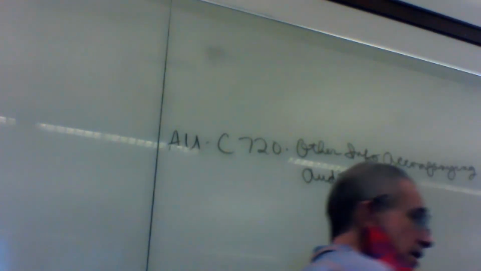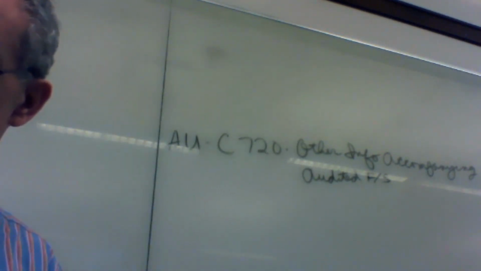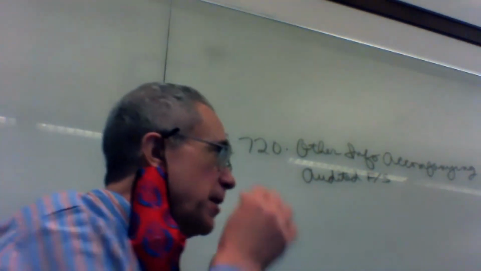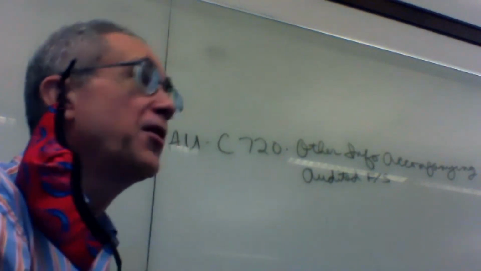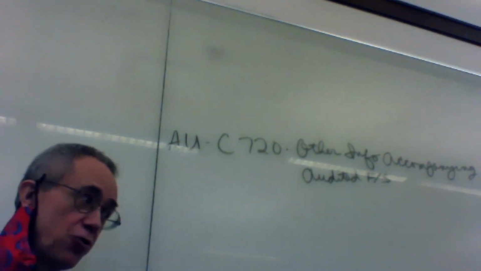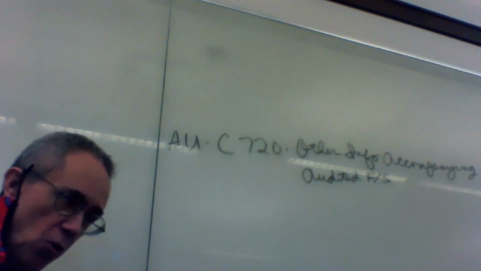First of all, AUC 720, other information accompanying audited financial statements. We mentioned this briefly before, but with other information accompanying audited financial statements, we're talking about things outside of regular footnote and parenthetical disclosure. Regular footnote and parenthetical disclosure is an integral part of the financial statements. GAAP says so. So we're not talking about the usual disclosure.